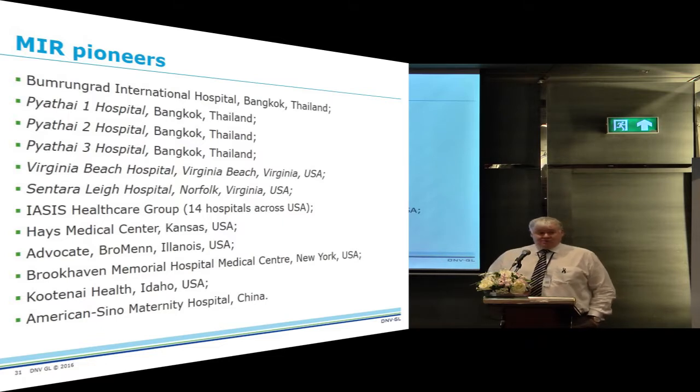And these are some of the hospitals that we've been working with. I'm very happy to say that finally in Asia we have got some momentum. Much of the early work was done in the US, but my own personal mission is to bring this to Asia, not just to Thailand, to countries like India, to countries like Vietnam, countries like Bangladesh, where the problems with infection control are massive. 40 to 50% hospital-acquired infection rates in some hospitals in India.